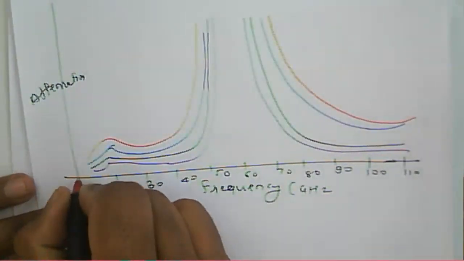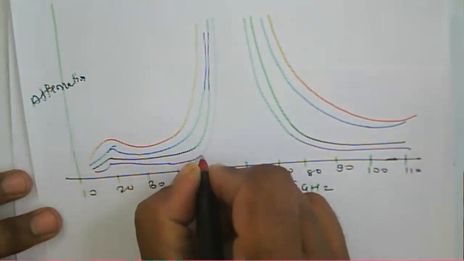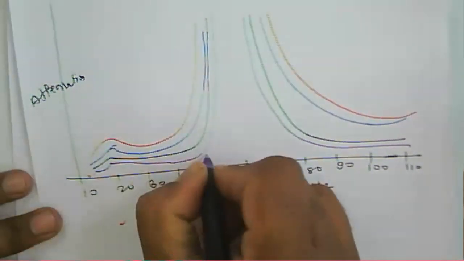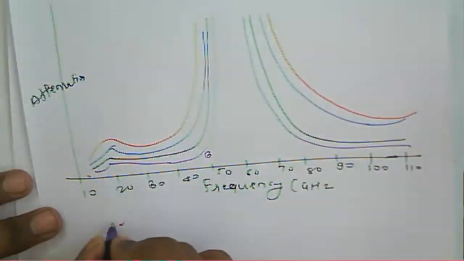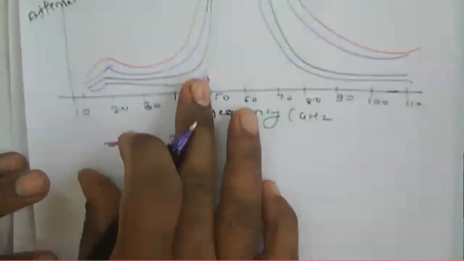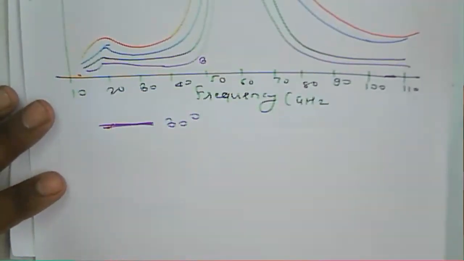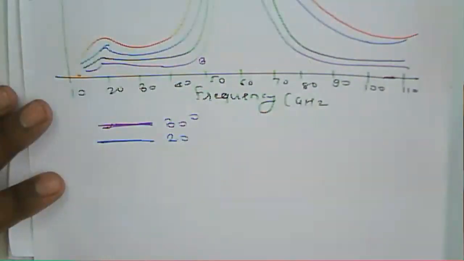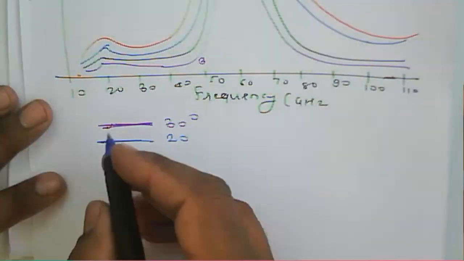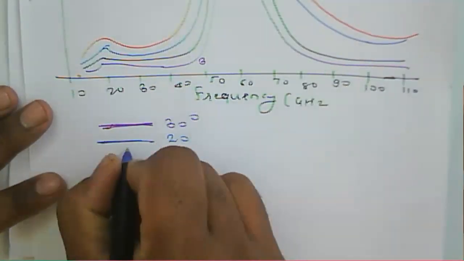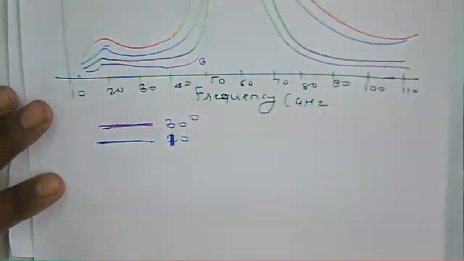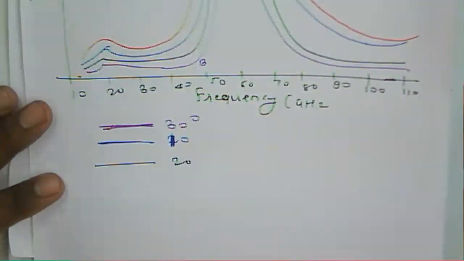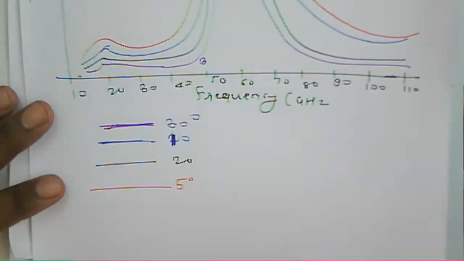Now I'll write here: the first line is at 30 degrees. Sorry, the first line, this color, is 30 degrees. This blue is 10 degrees, and this black is 20 degrees, and then red is 5 degrees.